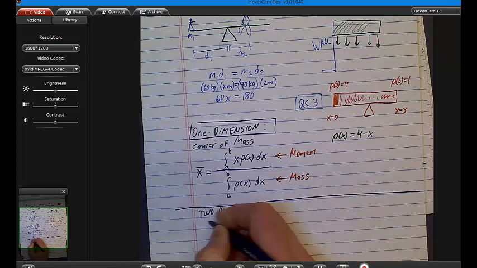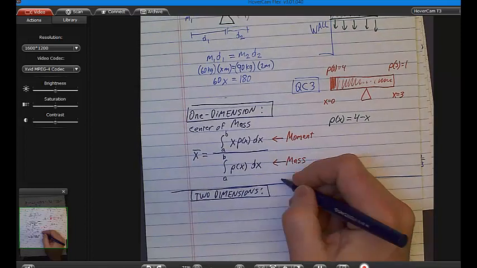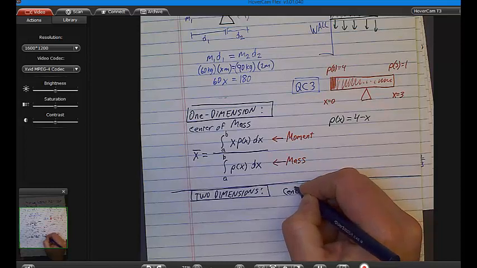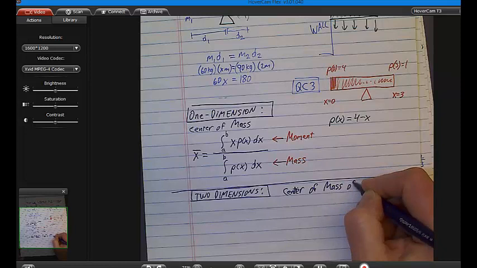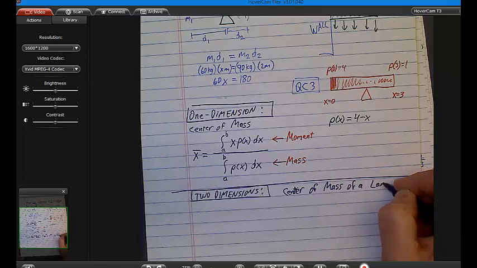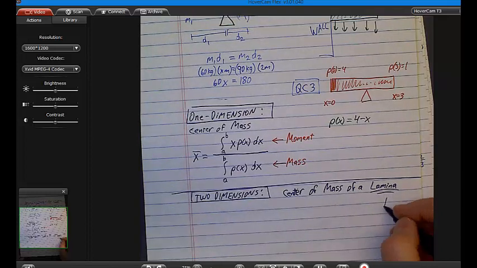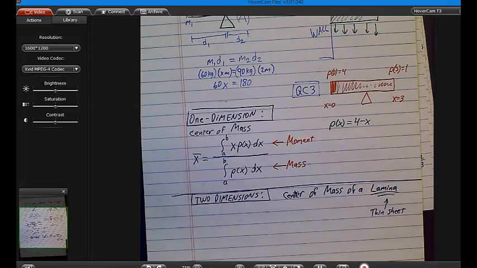So now instead of a teeter-totter, we might ask the center of mass of a lamina. And that, again, is like a thin sheet. Okay? So where do I balance this piece of paper?